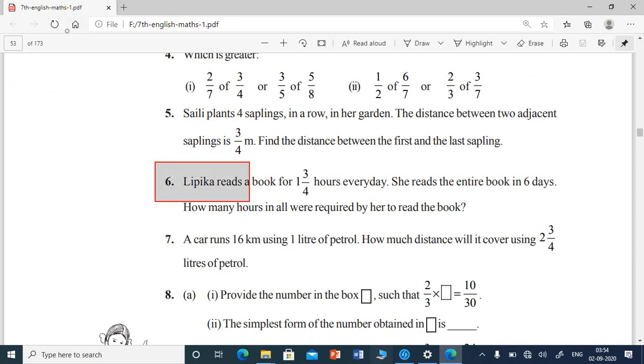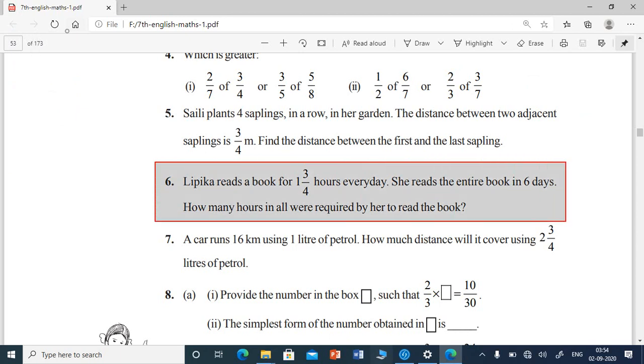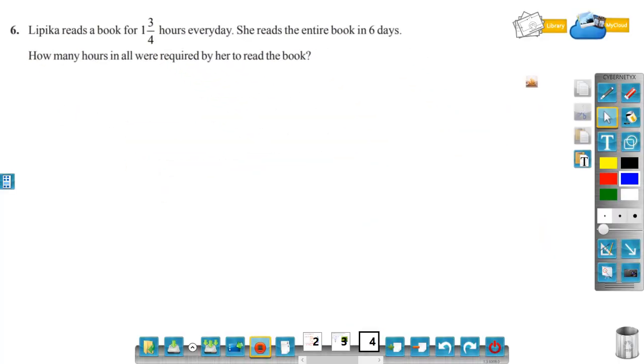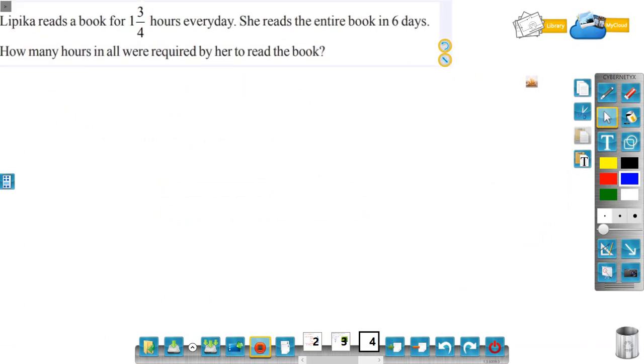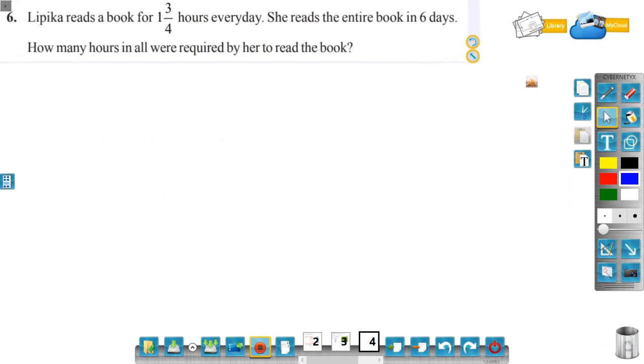See the sixth one. Lipika reads a book for 1 3 by 4 hours every day. Every day she reads 1 3 by 4 hours. She reads the entire book in 6 days.